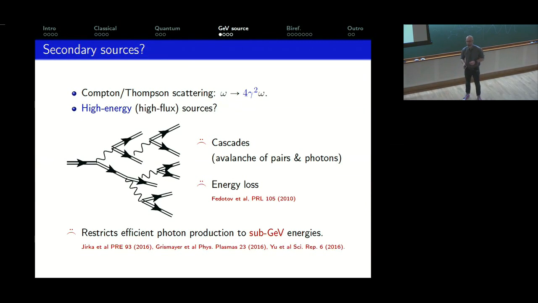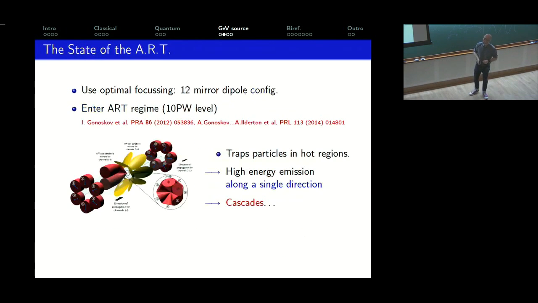How do we do better? Well, there is a way of doing better, and this is blue skies thinking a little bit. First of all, you use optimal focusing, or as close to optimal focusing as you can, of your laser energy. You can get pretty close by using what's called a dipole configuration.